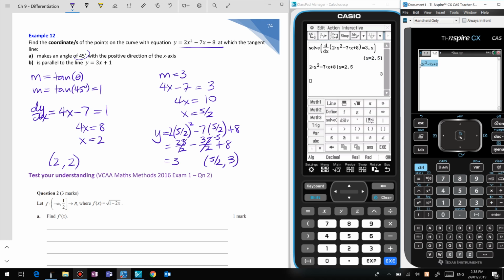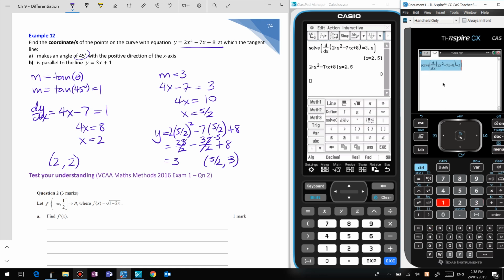Then we go menu, 4, 1, d/dx. When does that equal 3? Whoa, what's that? That's bizarre.